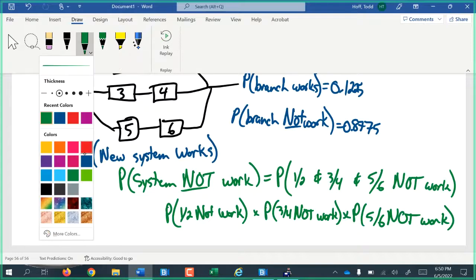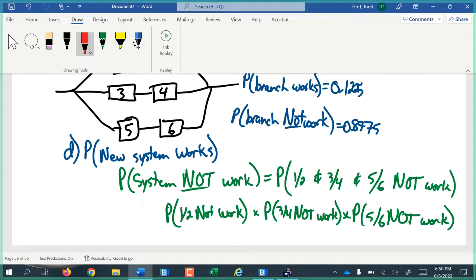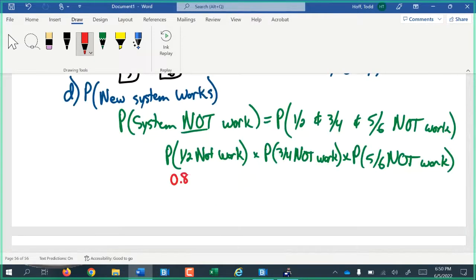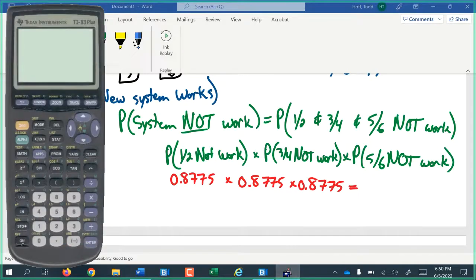So that probability is 0.8775 for each of those. So it's 0.8775 times 0.8775 times 0.8775, or I'm going to do a shortcut on the calculator here. It's just 0.8775 to the power of 3, so I don't have to type it in 3 times. 0.6757.